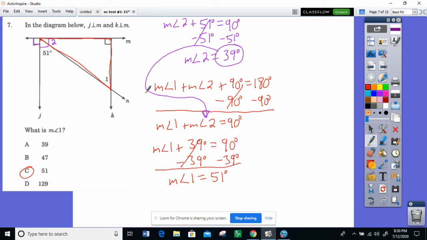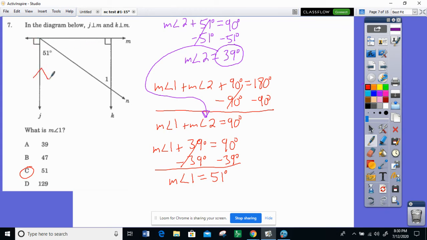There's actually another way to do this problem. If you remember back to the very beginning of this class when we were talking about parallel lines, okay, these two right angles are corresponding angles that are congruent.